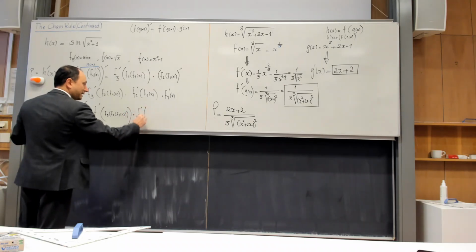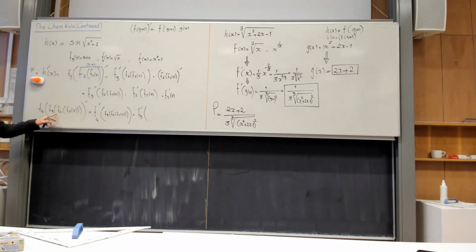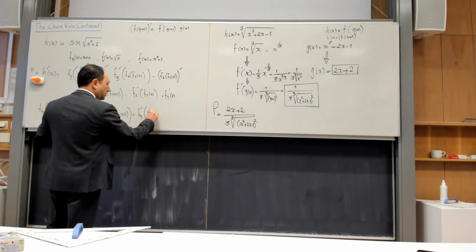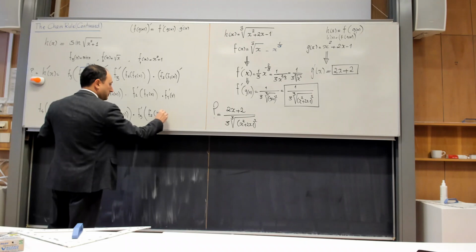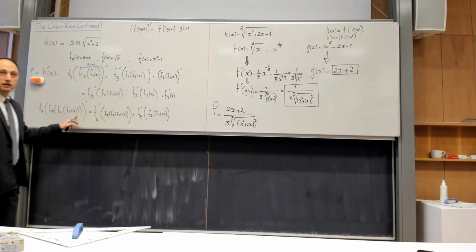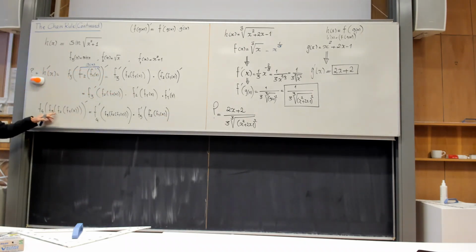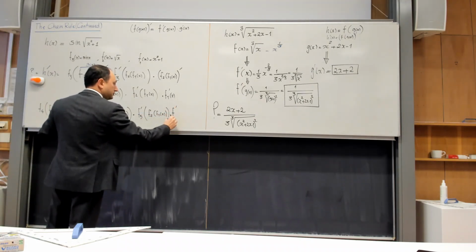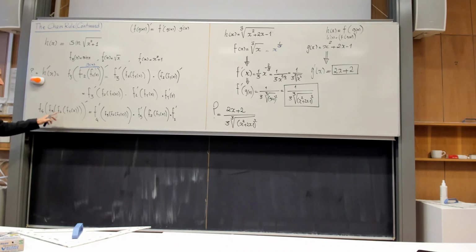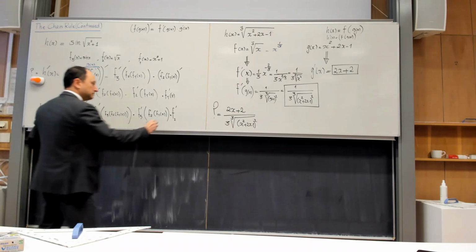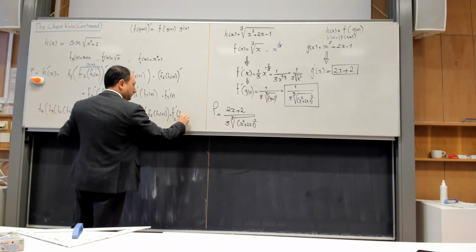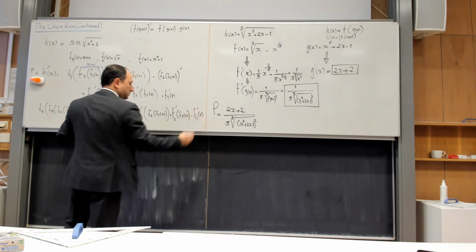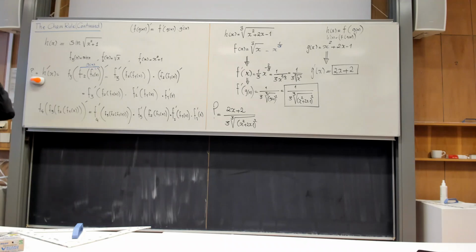F3 prime, but calculated where? At the inner function, f2 of f1 of x. Then multiplied by the derivative of f2, calculated at the inner function. And finally, the derivative of f1. So that would be the formula.